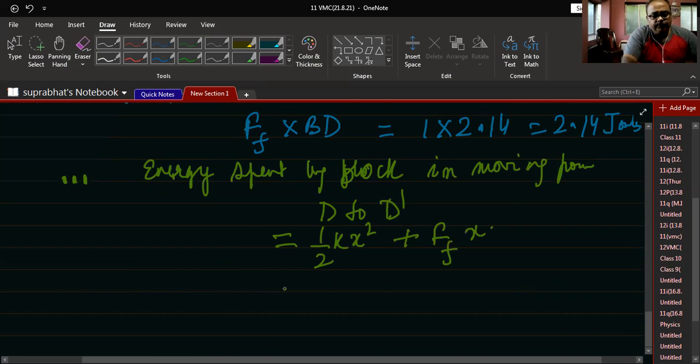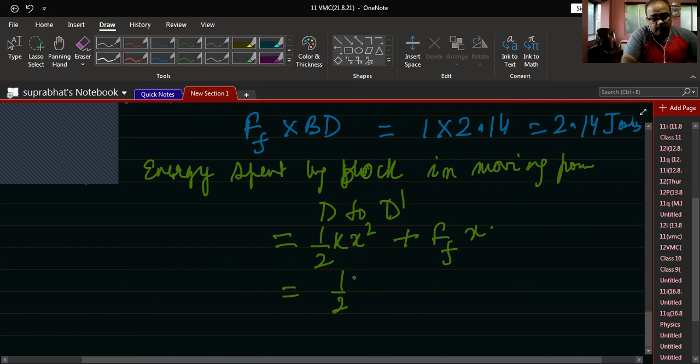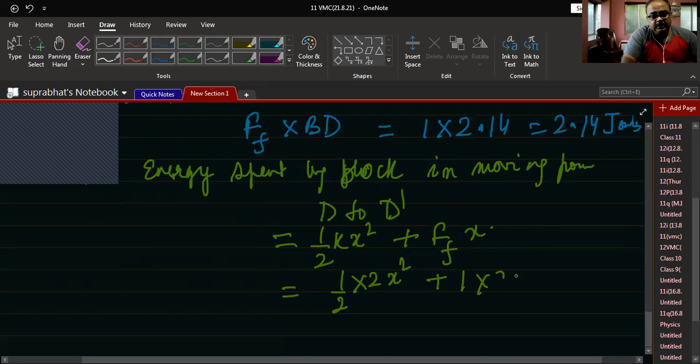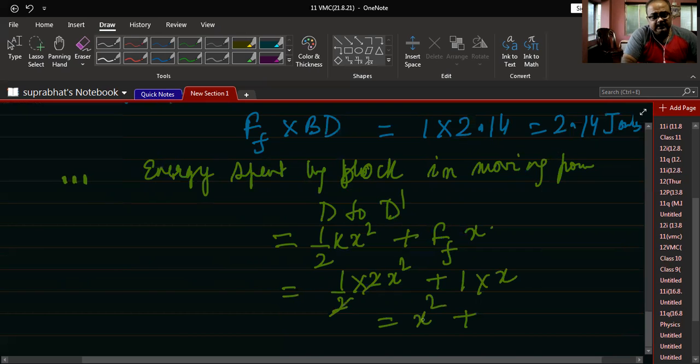The spring constant k they have given as 2. So this would be half into 2 into x square, plus the frictional force we have already found out, 1 into x. So you get x square plus x. This is the energy spent in just moving the block from D to D dash.